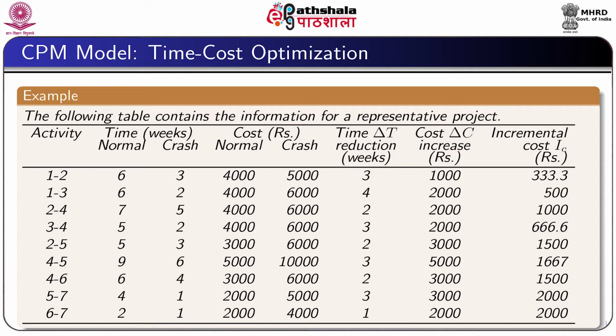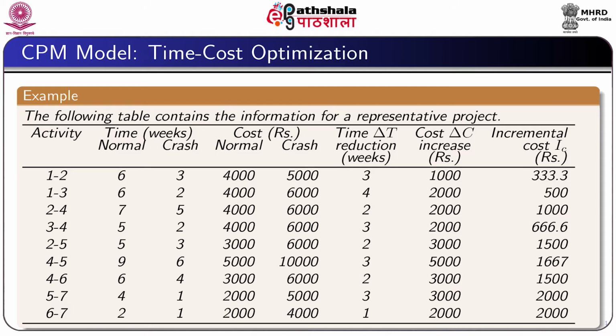The following table contains the information for a representative project. The first column shows the activities, the second column shows the normal times of the activities and the third column shows the crash times of the activities.